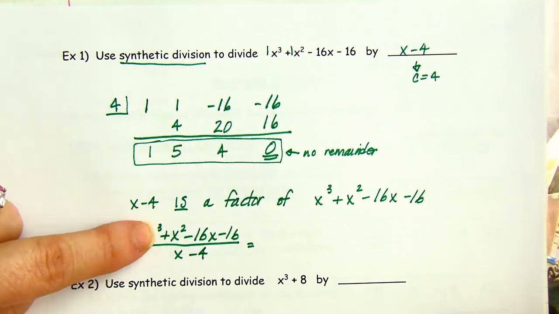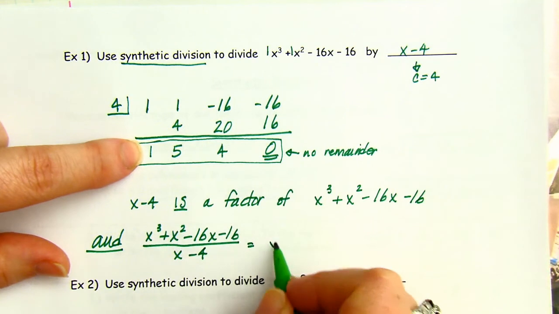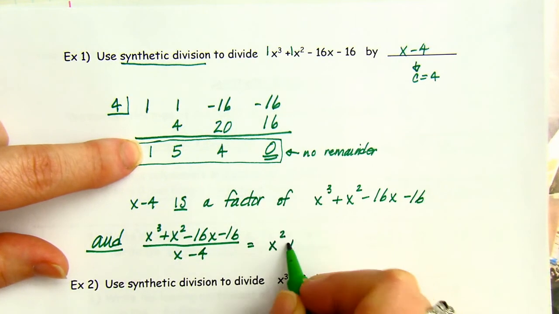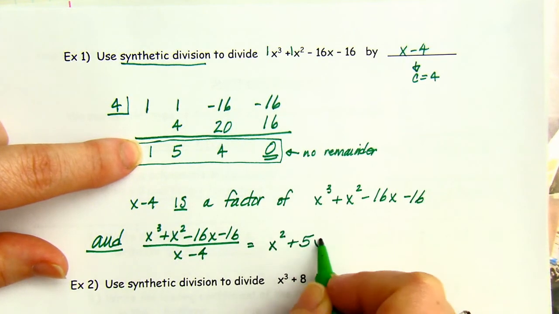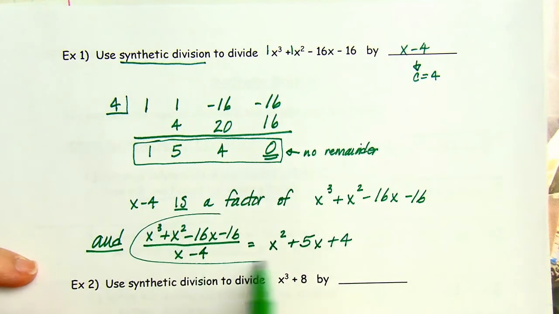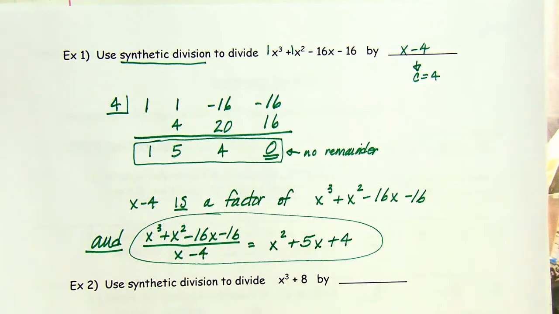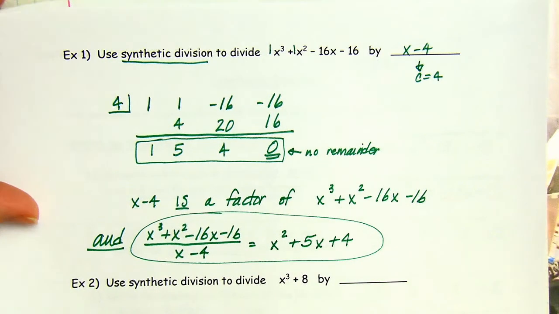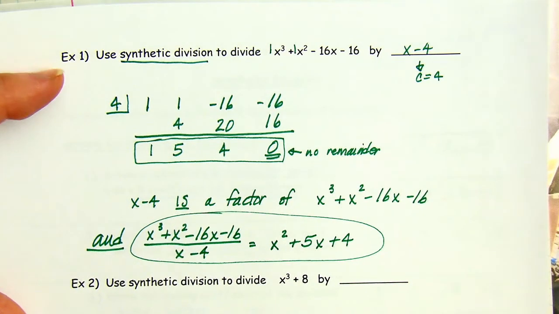This was the third power, this is going to be second power. 1x squared, sign is plus 5x plus 4. All right, so that's my quotient with no remainder. Not too bad. Hopefully you find this enjoyable.